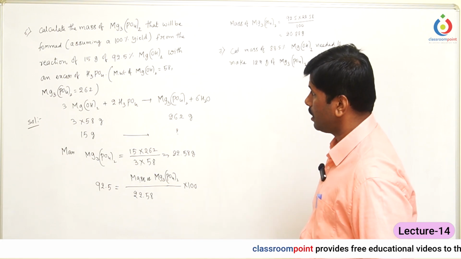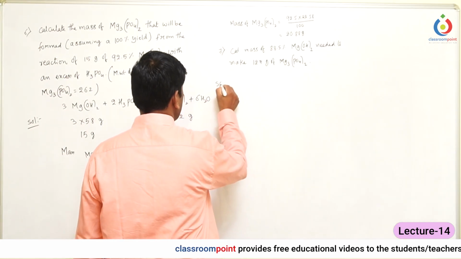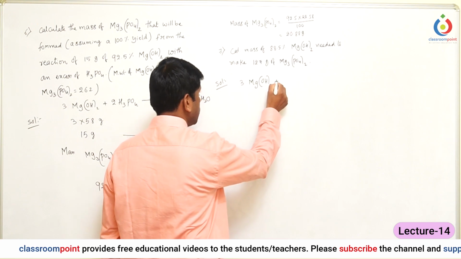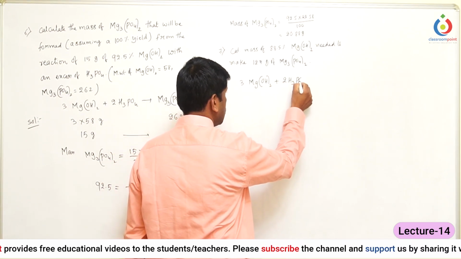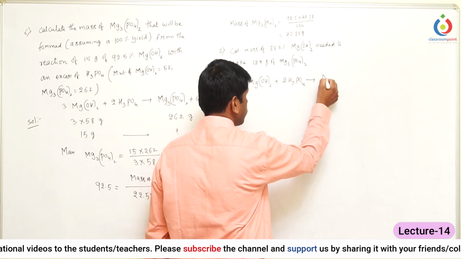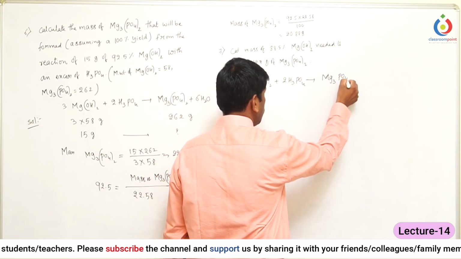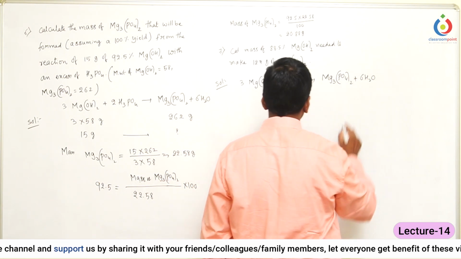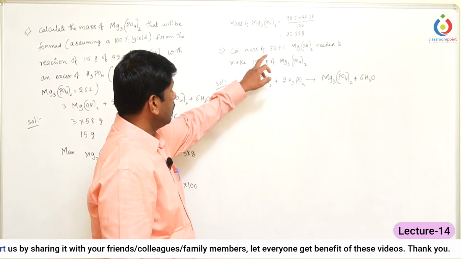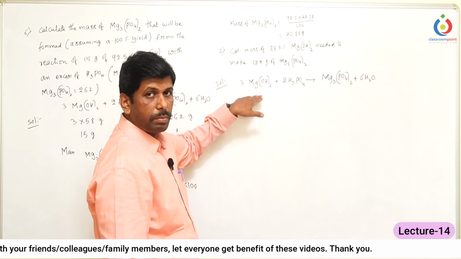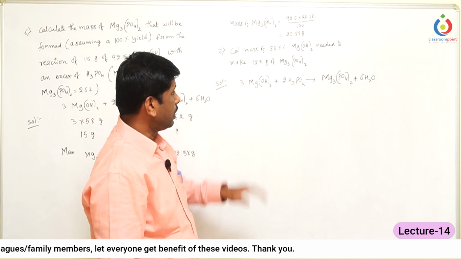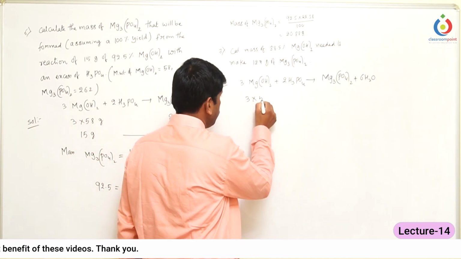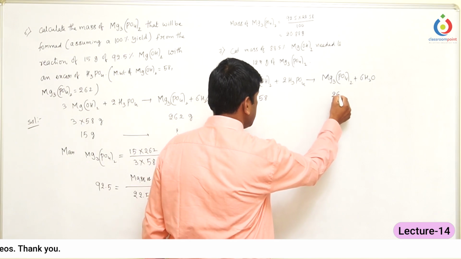The equation was already written. The same equation we write down here, and balance it. 3 moles of magnesium hydroxide on reaction with 2 moles of phosphoric acid produces Mg3(PO4)2 plus 6H2O. The given question is that the mass of the impure magnesium hydroxide has to be calculated for 127 grams. From this balanced equation, 3 into 58 grams produces 262 grams.